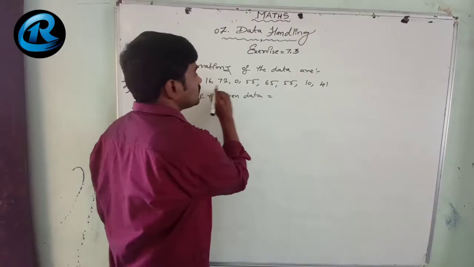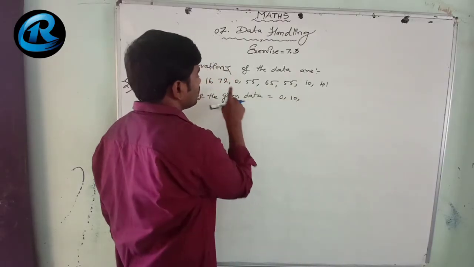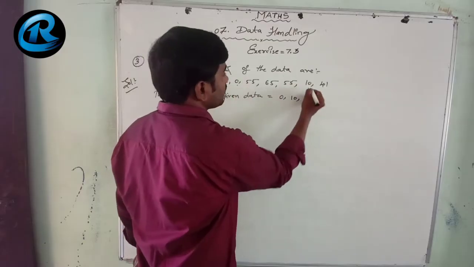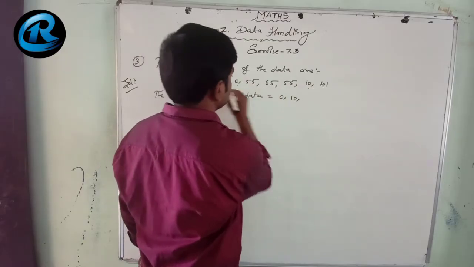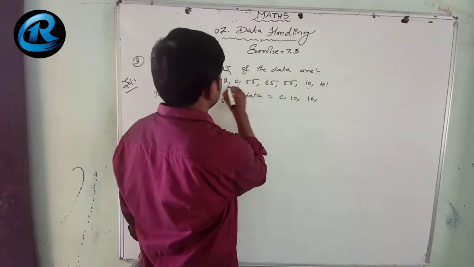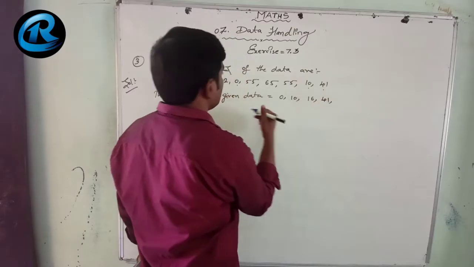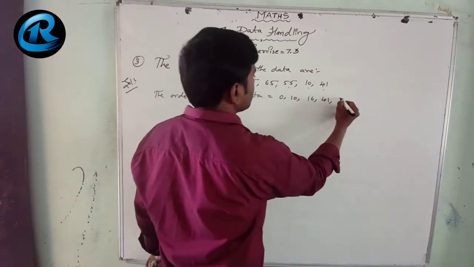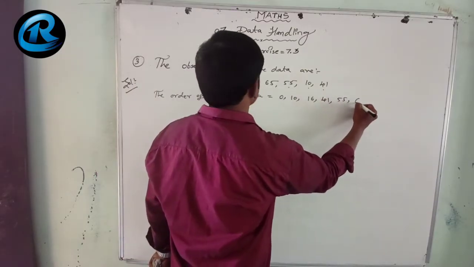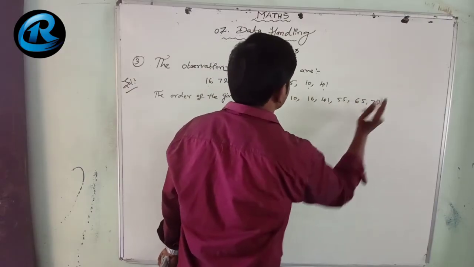The order of the given data is: first 0, next 10, then 16. After 16 there will be 41, after 41 there is 55, next is 65 and 72.